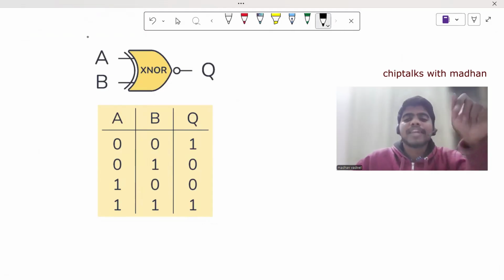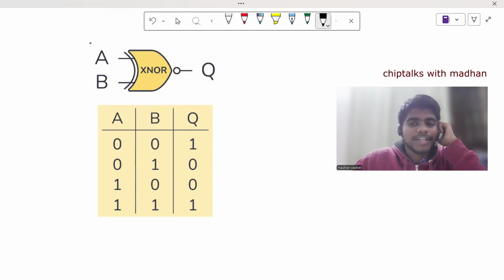This is the XNOR gate logic gate diagram. We have two inputs A and B, and the output is Q. A is input 1, B is input 2, and Q is the output.